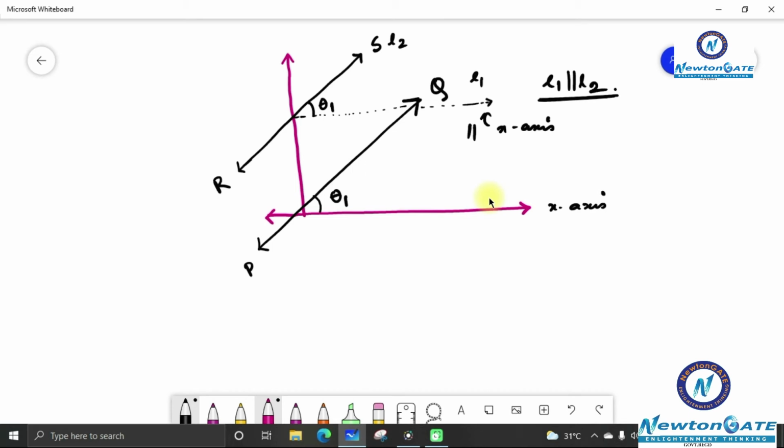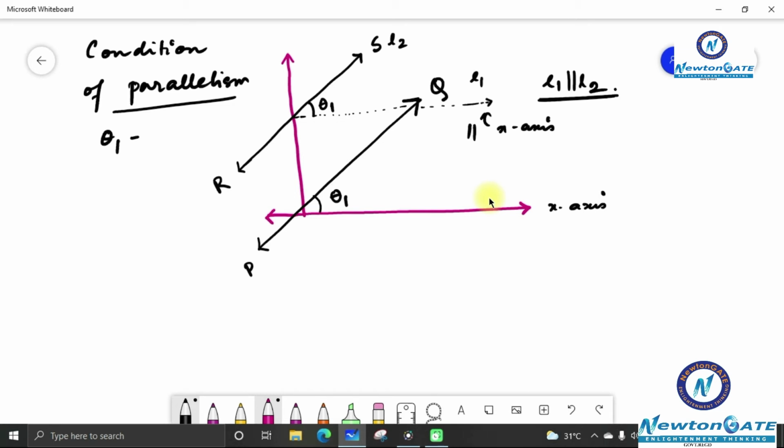So, the condition of parallelism of two lines is that both the angles are equal.